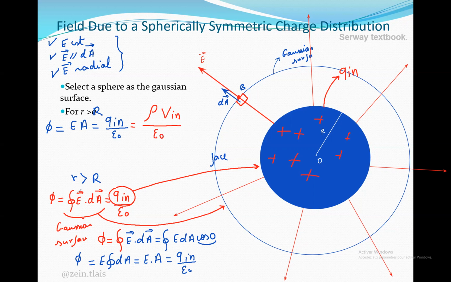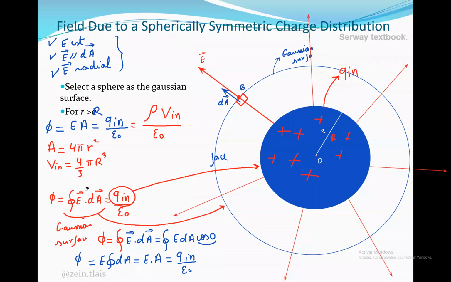And A is the area of the Gaussian surface, A equals 4 pi r squared, and Vn concerning the charge equals 4 over 3 pi capital R cubed. We substitute A and Vn by their values.